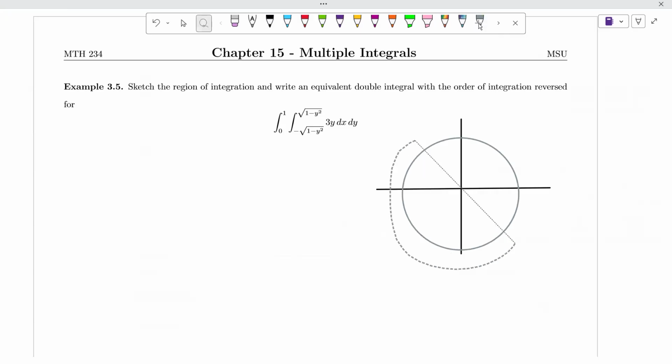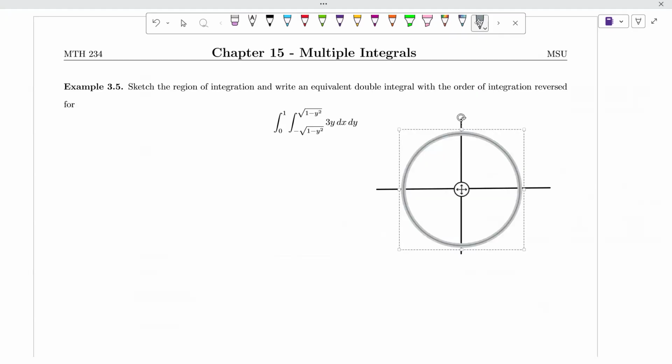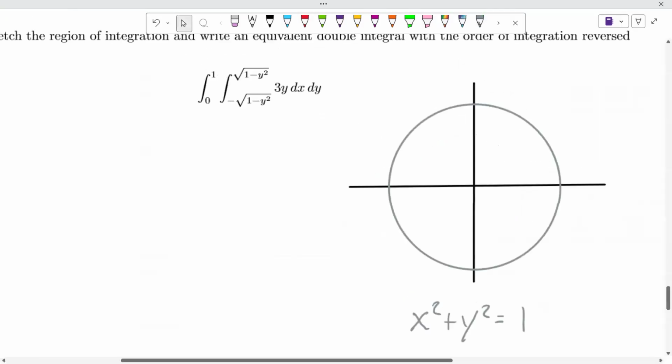So I'm going to start by drawing a circle. That circle is going to be x squared plus y squared equals 1. So in particular, that's the unit circle. But the reason I chose to do that is because of the two bounds that I'm given for x.